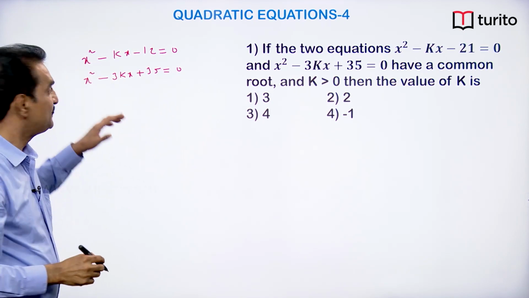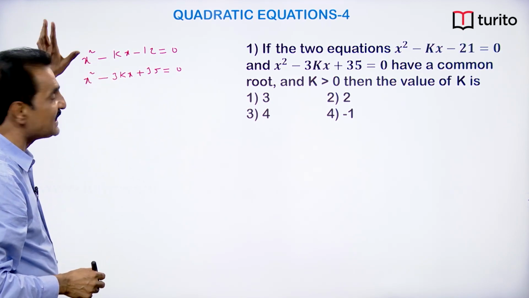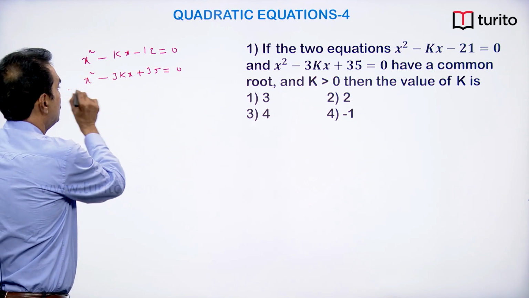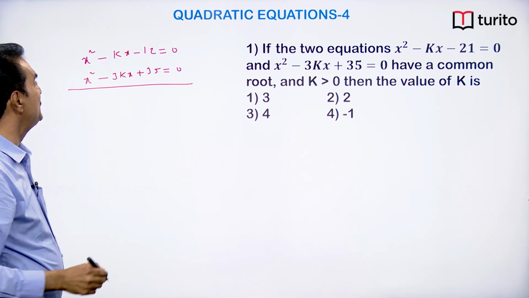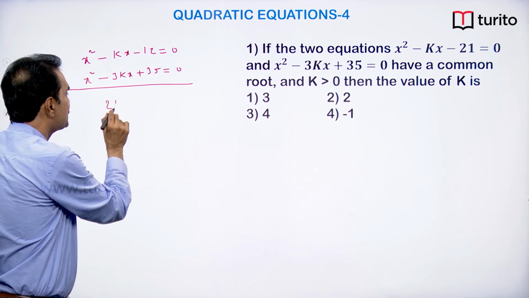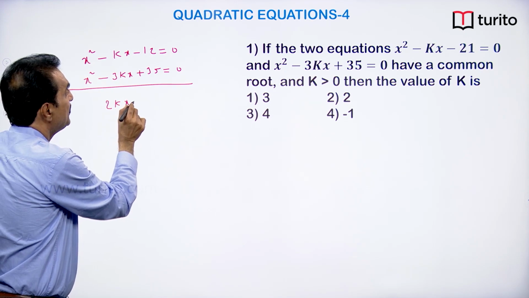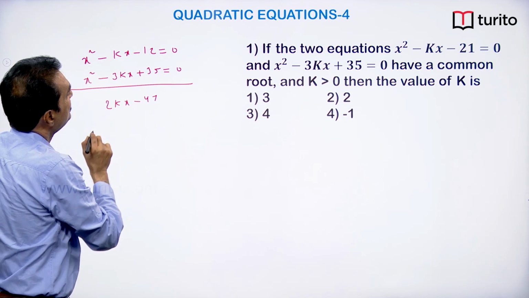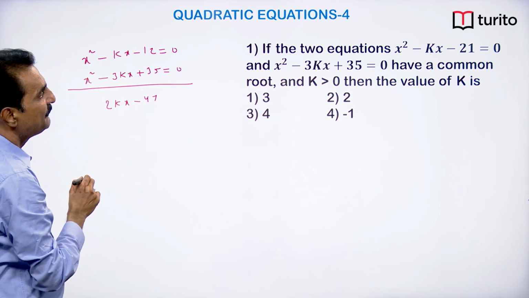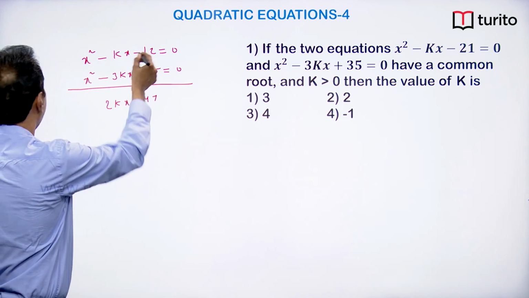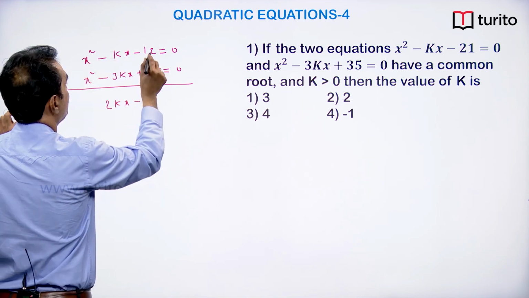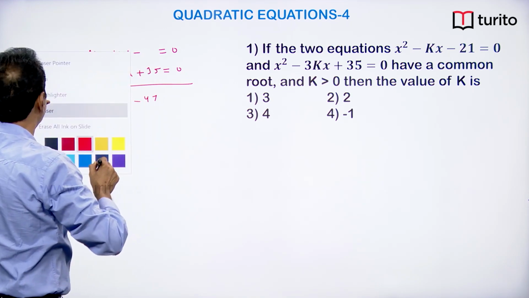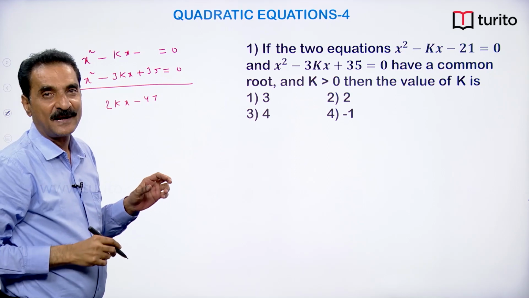Solve the equations. You can directly subtract and cancel the x square term. This minus this will be 2kx minus, 35, oh it is 21. I commit a lot of calculation mistakes.